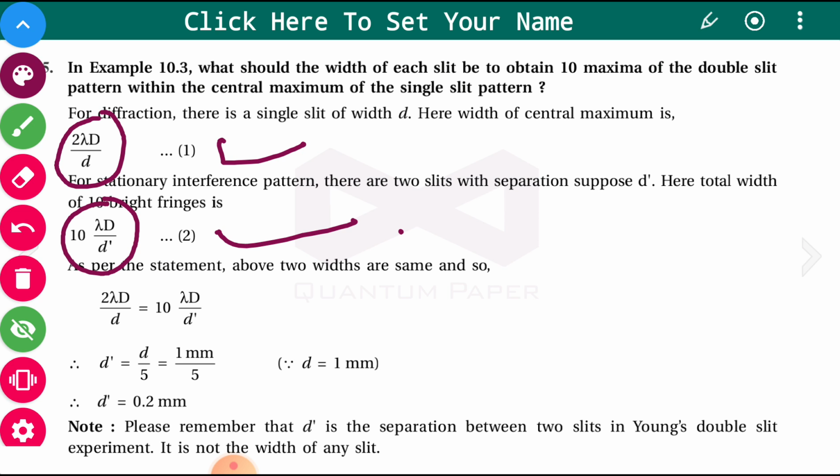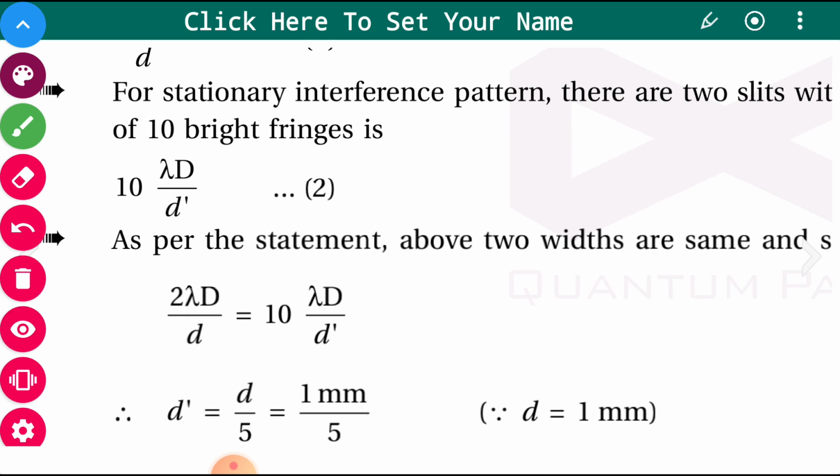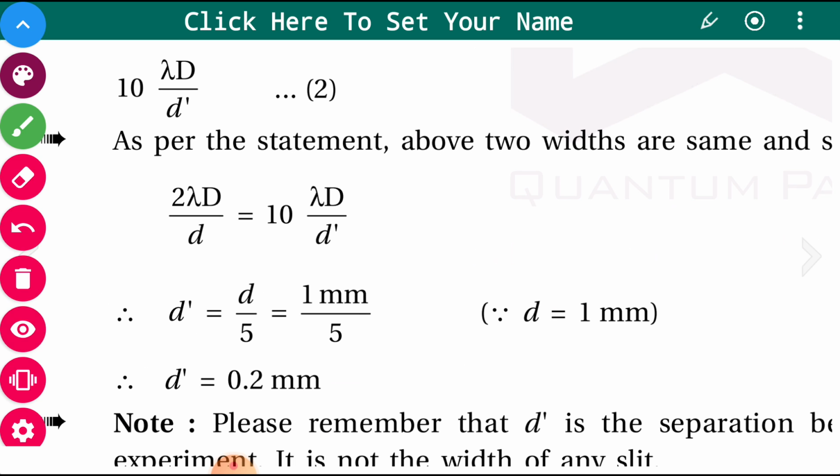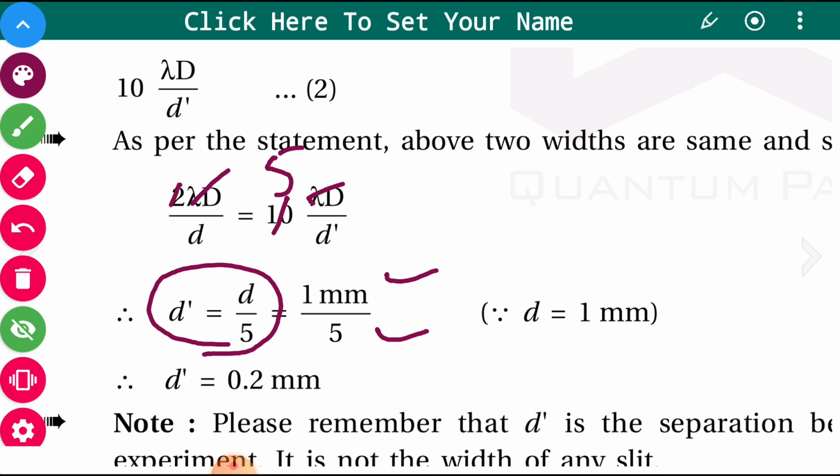So you can easily calculate now. This lambda into capital D can be cancelled out, and 2 fives are 10. So we have d prime is equal to d upon 5, that is 1 millimeter upon 5, because this d is given to us as 1 millimeter. So d prime is 0.2 millimeter.